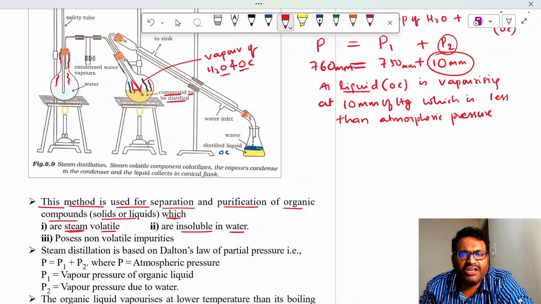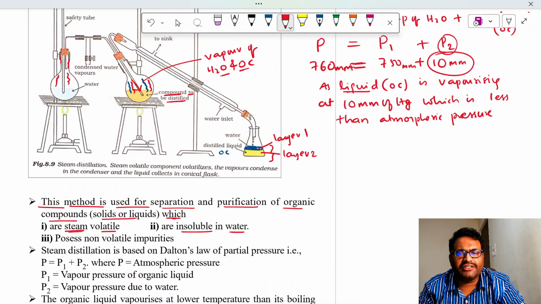If they are soluble in water, you don't get two layers here. One is layer 1, this is layer 2. Two layers, which can be separated by using a separating funnel. In the previous lecture we studied how to separate after the formation of two layers.